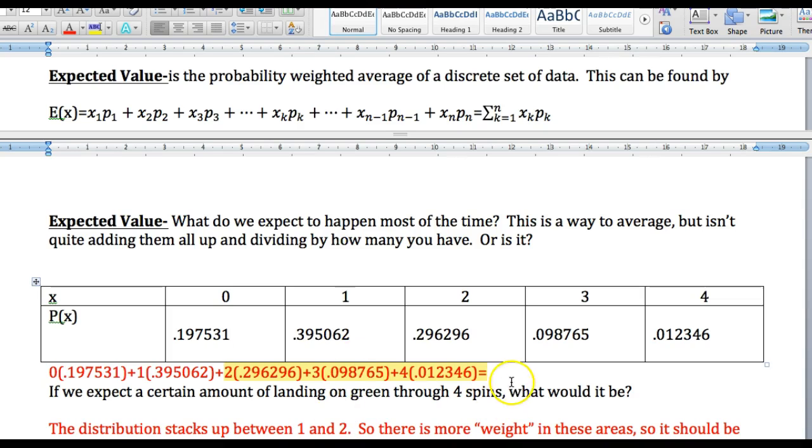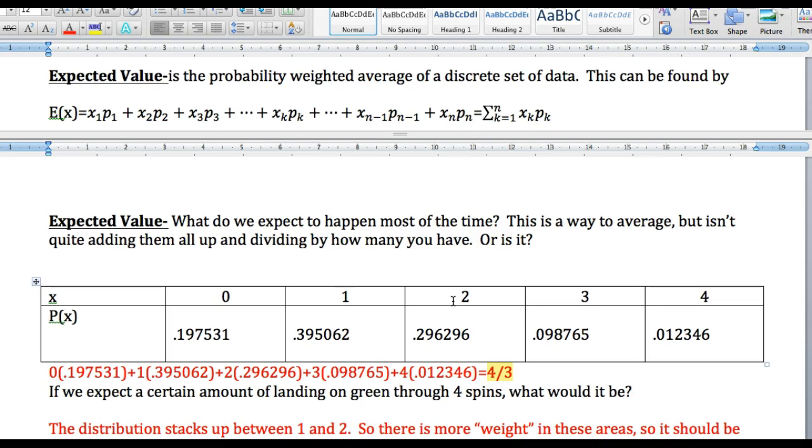Then my final answer, if I crank all that out, is going to be a nasty decimal. What? 4/3. Oh, it came out really nice. That sometimes happens. So my expected value is 4/3. What does that mean? That means that if I do this experiment over and over again, I would expect to come out between 1 and 2 times landing on green out of the 4 times.